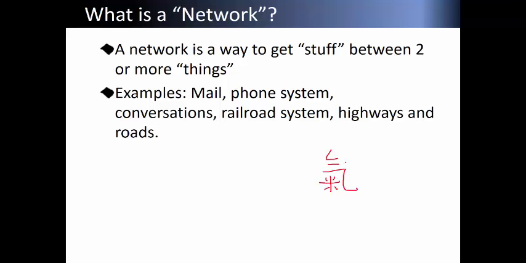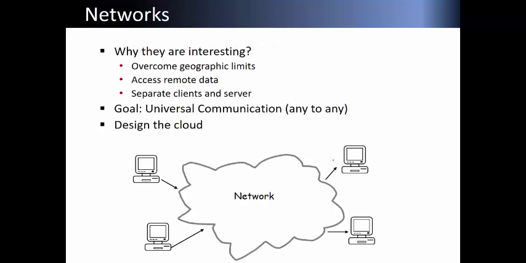But anyway, that is a network. So why are they interesting? They overcome geographic limits, of course, right? If it is a railroad system, or an airline system also, we can run from one place to another place.